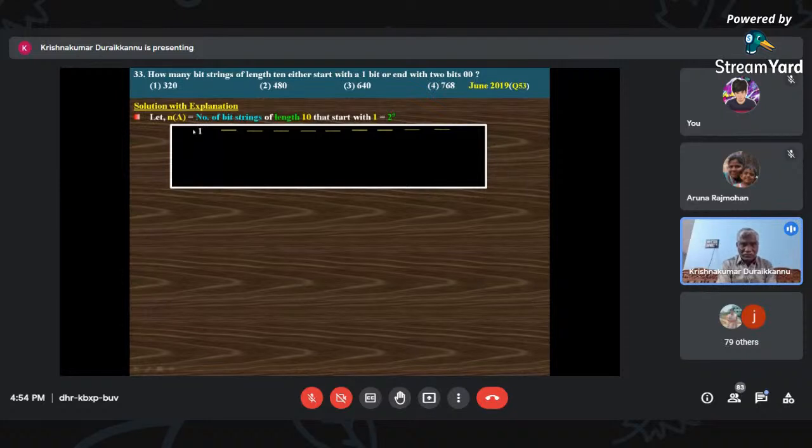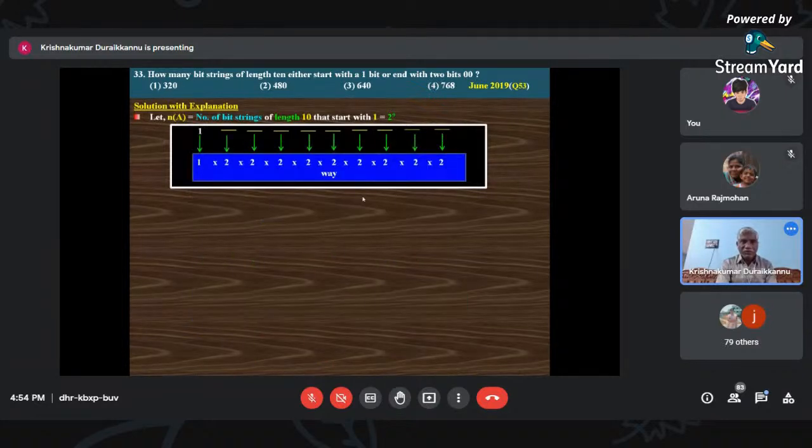Here the first character should be 1, and the remaining 9 positions should be filled. How many ways? The 1 is fixed, so only one way. Each other position can be filled 2 ways, either 0 or 1.